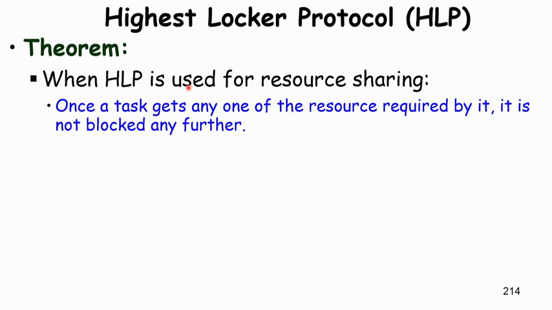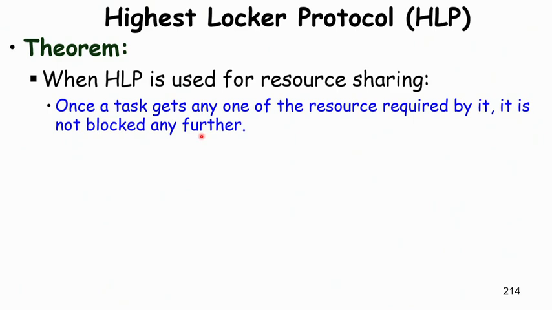In the highest locker protocol, let us look at some of the properties of this protocol. When a task gets one of its resources, it is not blocked any further. What it means is that under the highest locker protocol, chain blocking cannot occur. Why is that? How can we argue?